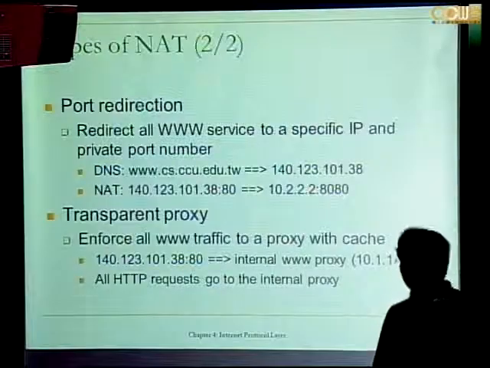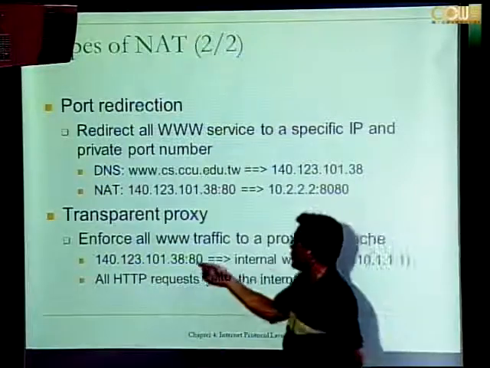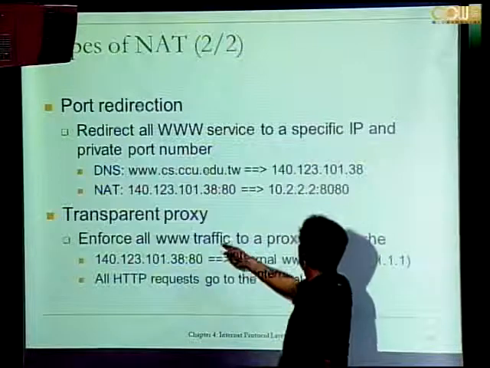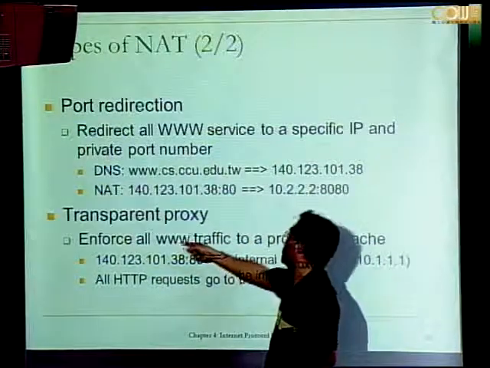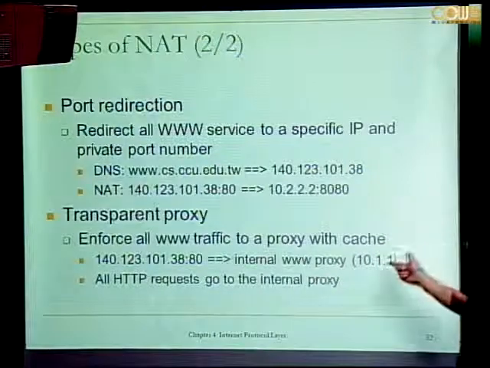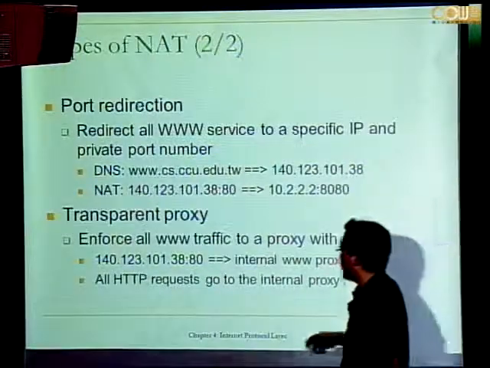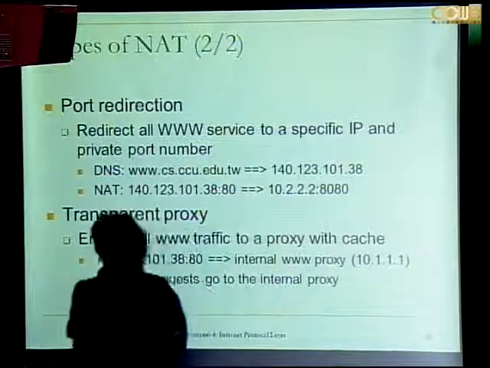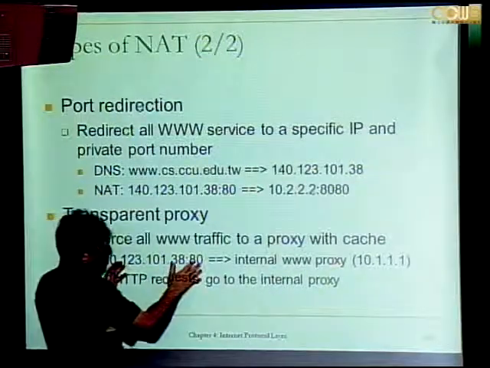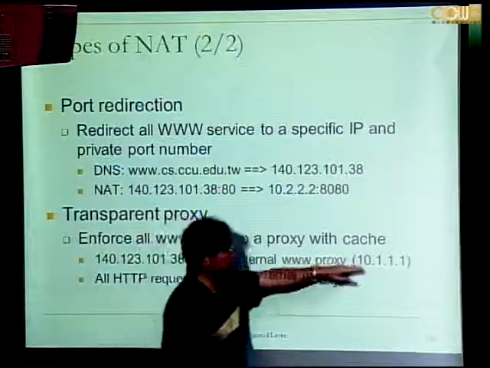So if I configure this, say all the traffic destined to port number 80 should be redirected to a cache, this one. So any request going to port 80 will be redirected to this.